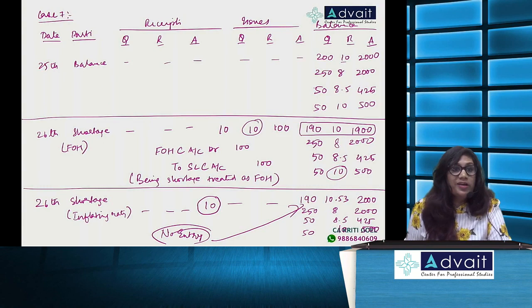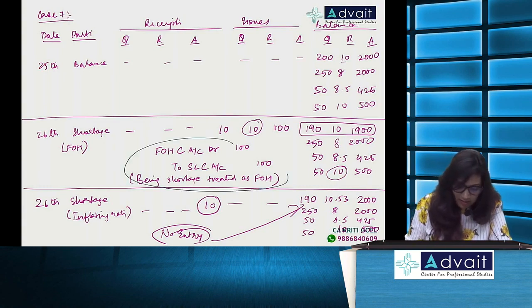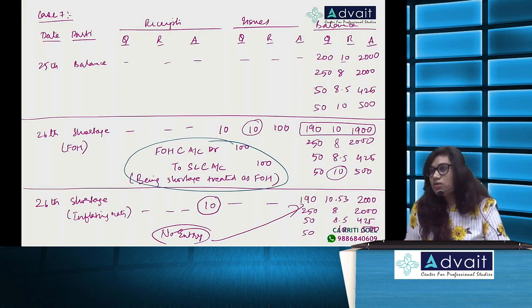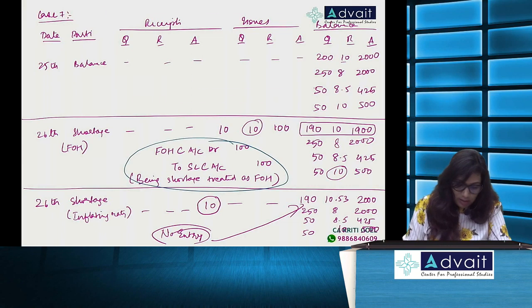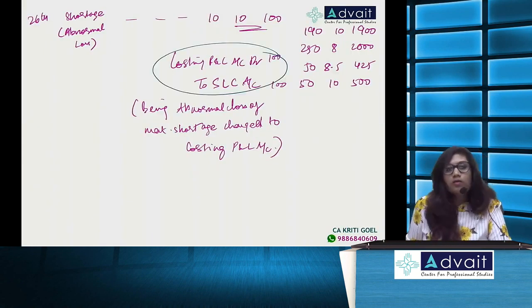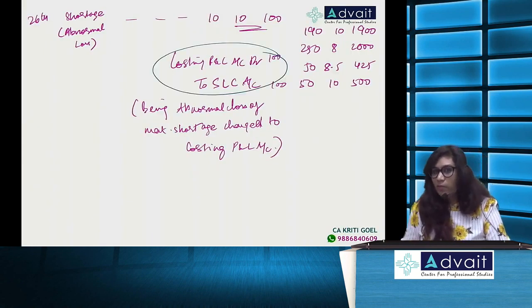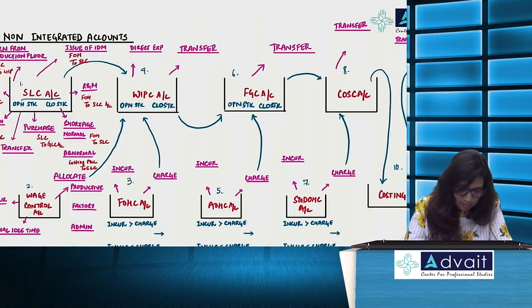So shortage was to be treated as FOH. See this entry? Isn't this what we passed? Correct? And when shortage was abnormal, costing P&L to SLC, that's what we passed. So is it linked now? Yes. Thank God.